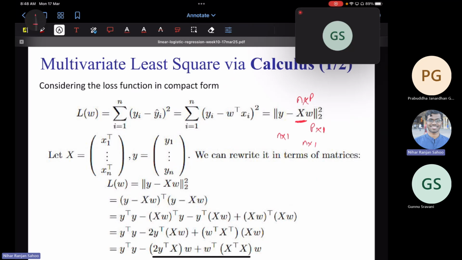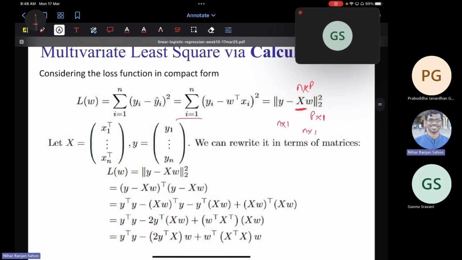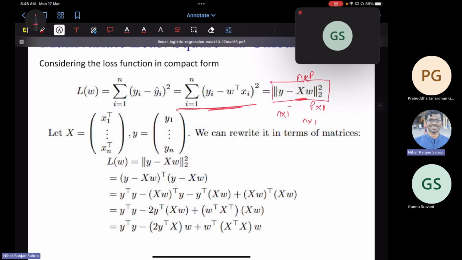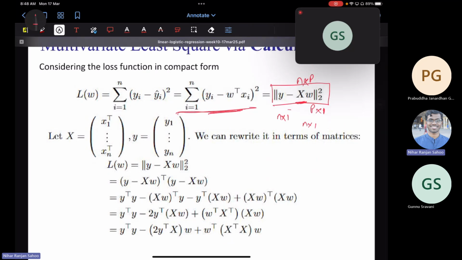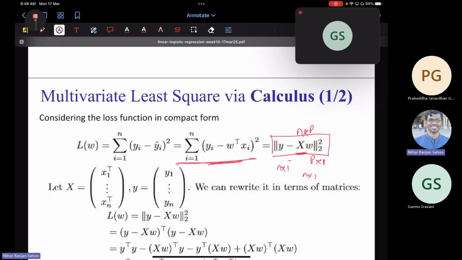So the dimensions match correctly, and we can crisply write this formulation. Now, what we have to do is compute W and B using calculus.